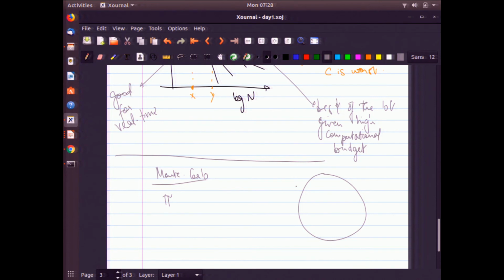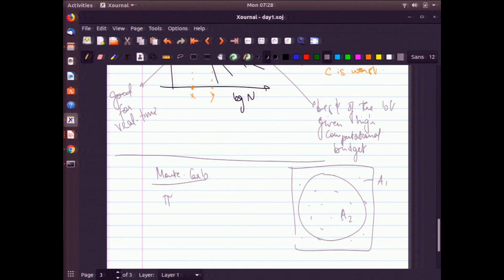If it lands in here, and I count the number of things that land here, the number of things that land here, and I take the areas into account, I should easily be able to deduce the value of pi, because I know the area here, A1, I know the area here, A2, and I know the total number of samples, things that I dropped is n, right?